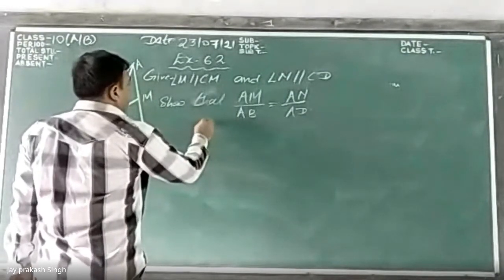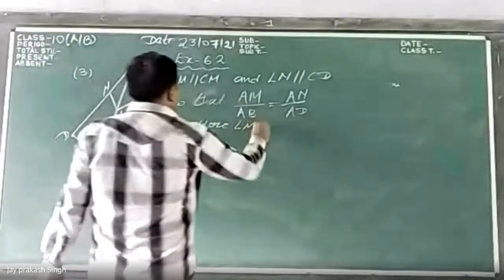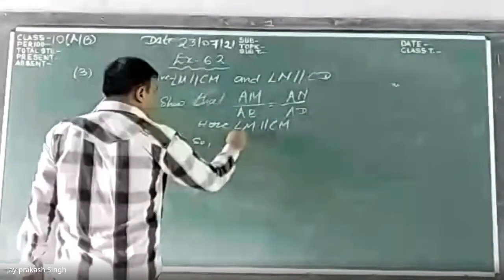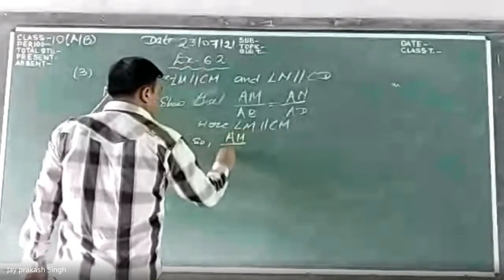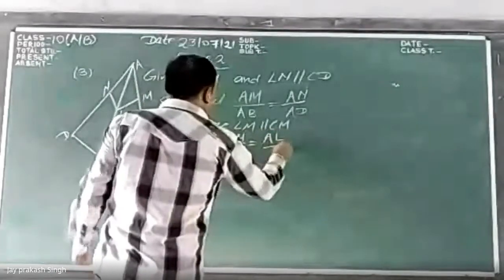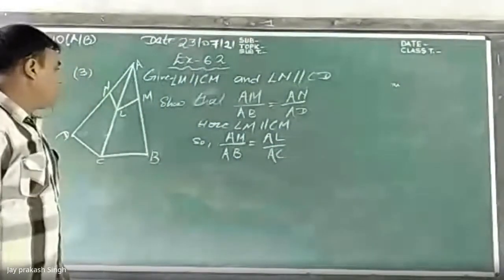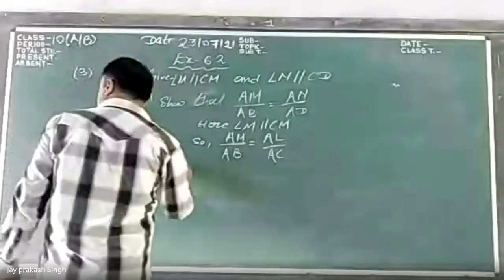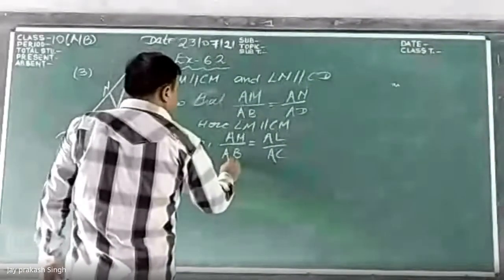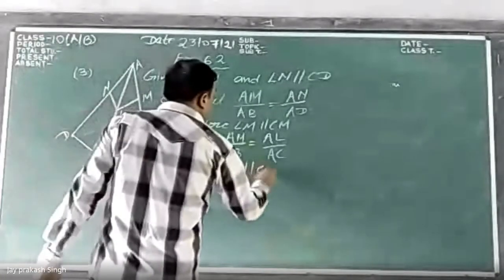And then parallel, so you can write out AM by AB equal to AL by LC. Again, LN is parallel to CD.